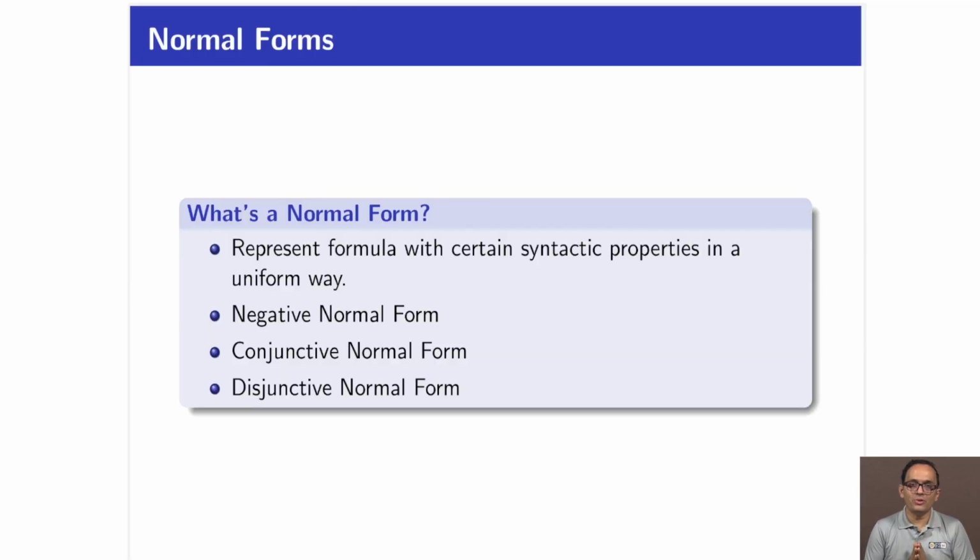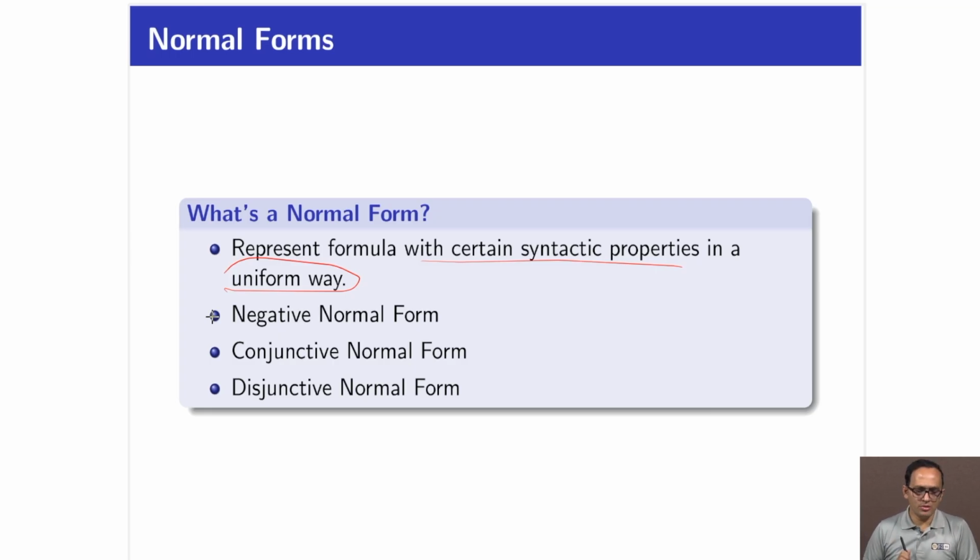So you should have some uniform way of representing your Boolean formula or propositional formula, and that's called normal form, right. A normal form basically represents the formula with some syntactic rules in a uniform way, so that you know the structure of your input.